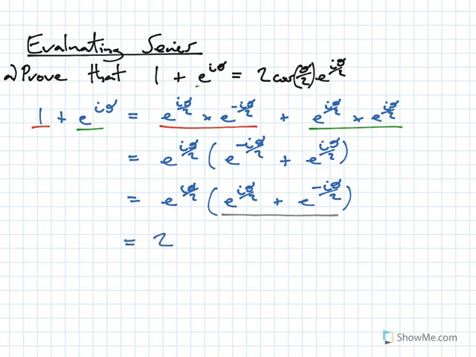So I can write this as 2 cos theta, try that again, it's not theta is it, it's theta over 2 now, cos theta over 2 e to the i theta over 2. And that's what we're trying to show. So we're done.